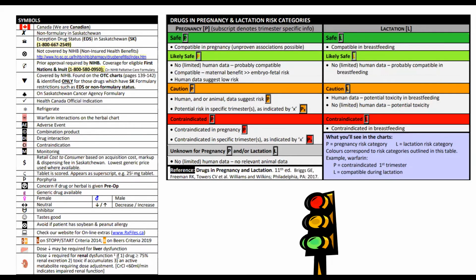And on the right, there's our pregnancy and lactation categories. We use a traffic-light approach in many of our resources. So green means go, safe. And when you get into the red, it means you should stop, think about it, look into this further, because maybe this isn't the most appropriate or safest option for a patient who's either pregnant or breastfeeding.